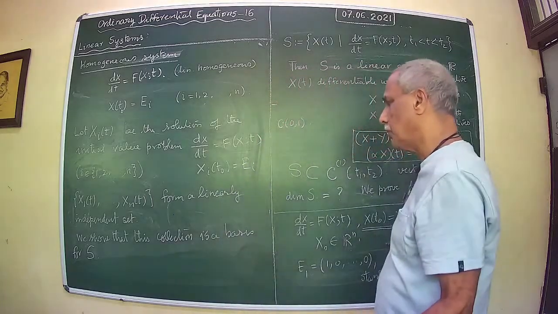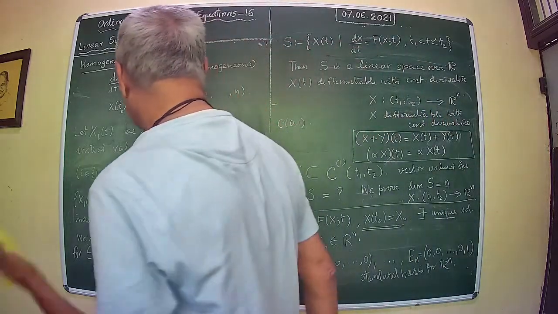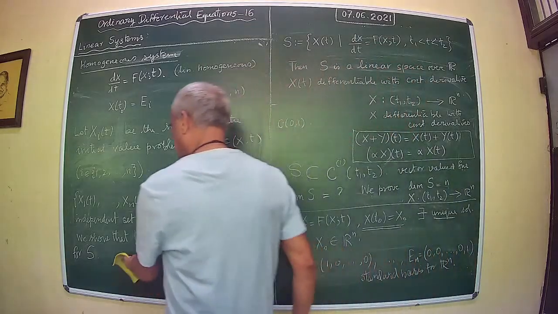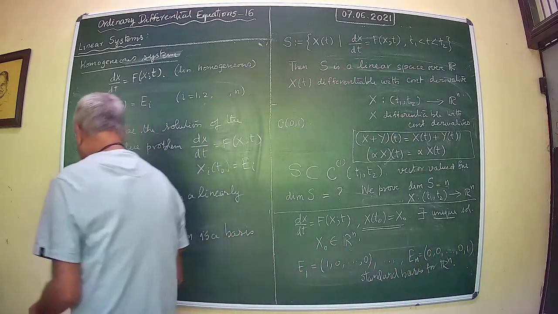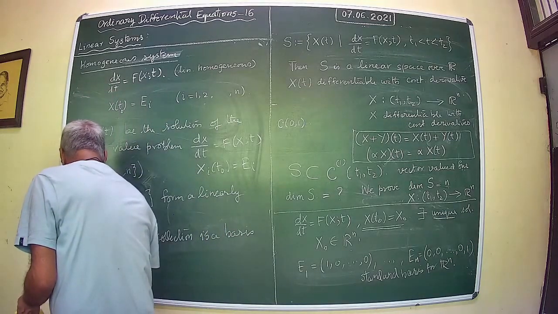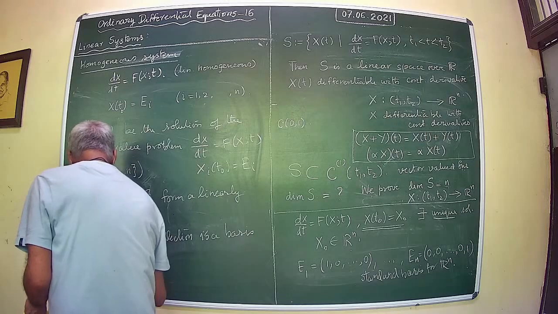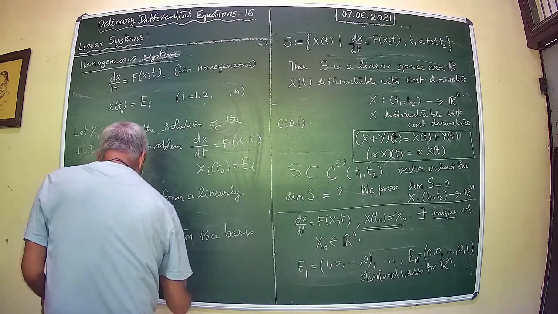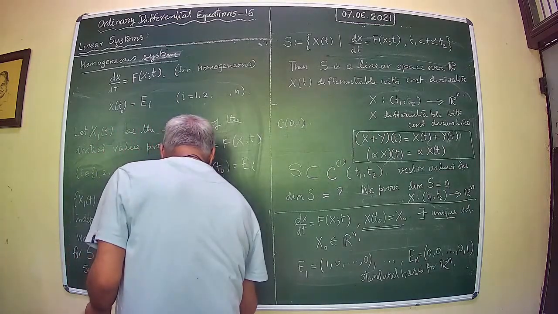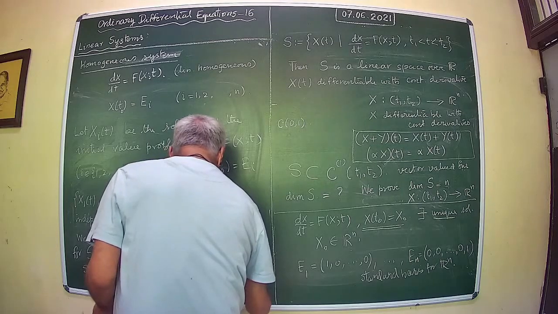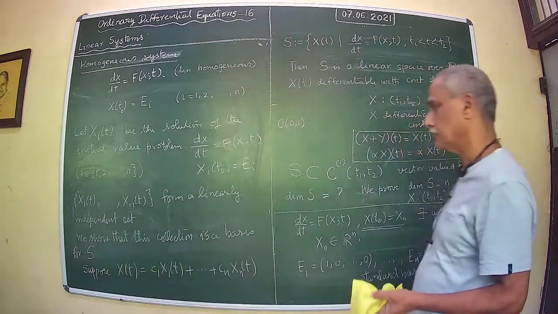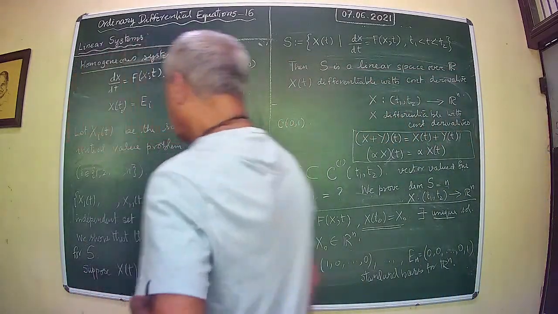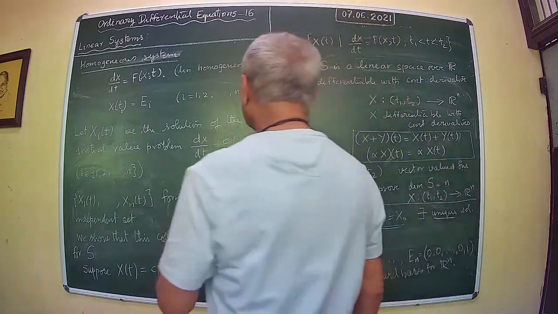Okay, first of all, let us prove that this is a linearly independent set. What do we have to prove? We have to prove this.